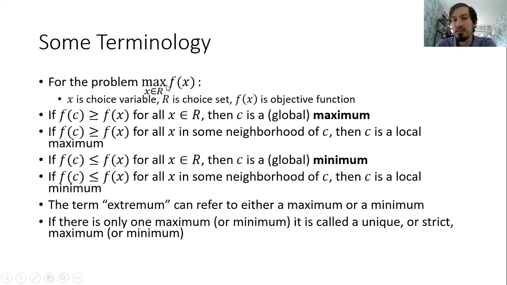Just the word max, and f of x is the objective function that you want to maximize. x here is the choice variable. I know it's the choice variable because it's written almost as a subscript directly underneath the word max. When you see the word max and then directly underneath it a variable such as x, that means the x is the choice variable.